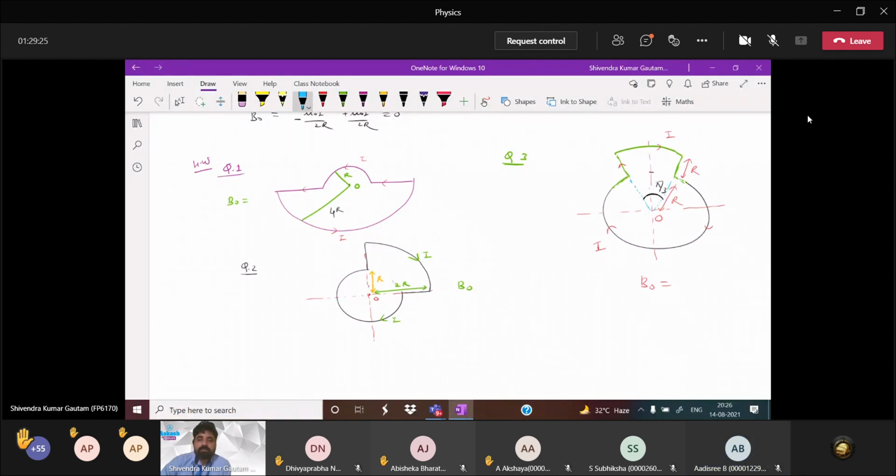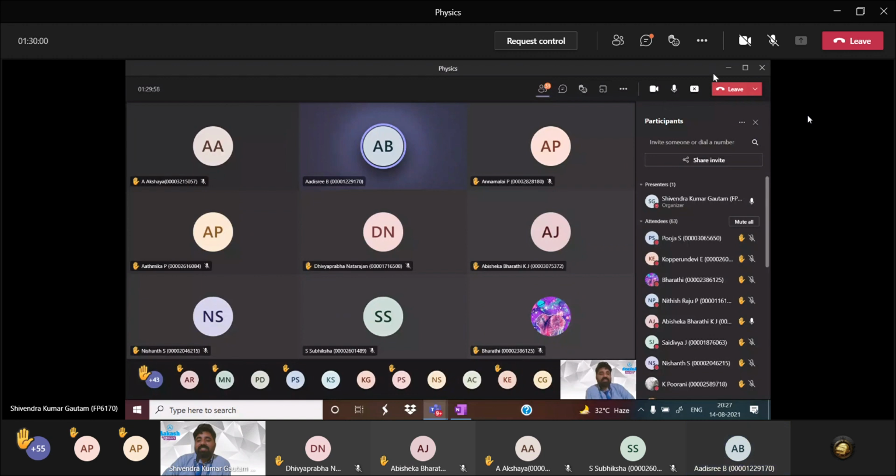Where is trigonometry used? This is pi by 3, an angle. This angle you should know. Pi by 3 is 60 degrees. So how much angle remains? 120? 300, sir. Some are telling 120 degrees. 360 minus 60 is 300. Yes, sir.